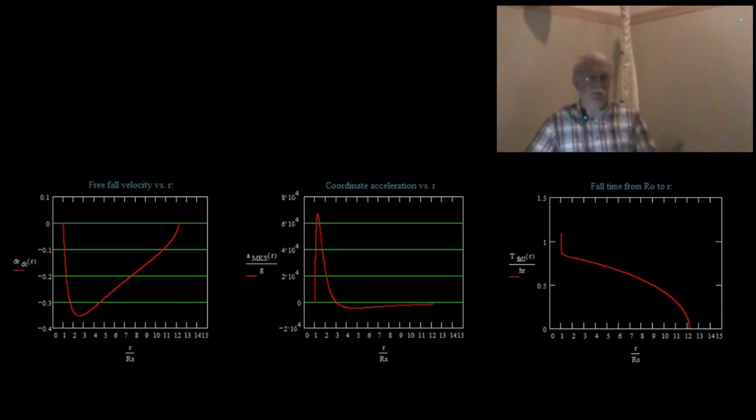Our GPS system has to take into account the fact that gravity is making clocks run slower at 20,000 miles where these satellites are orbiting. It also has to take into account the fact that those satellites are moving, so there are special relativistic effects in addition to the effects of general relativity.